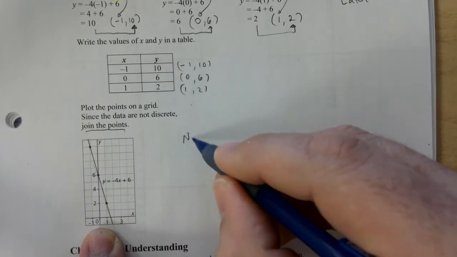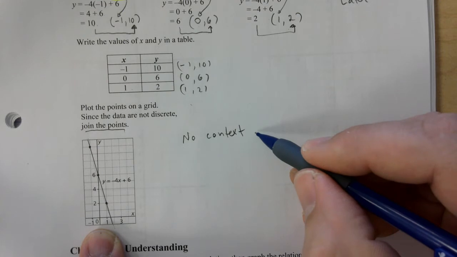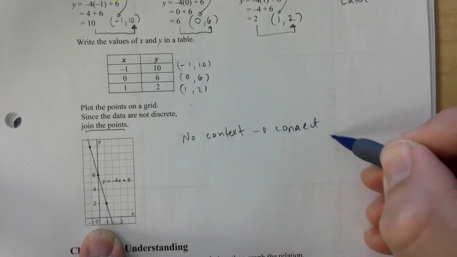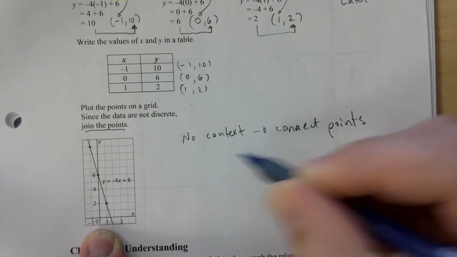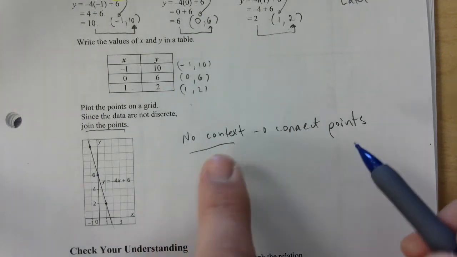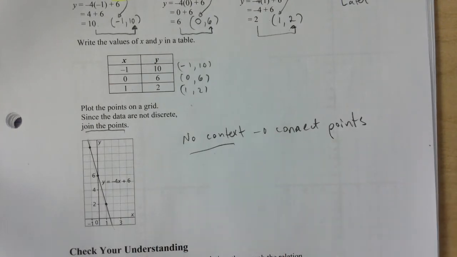So no context, connect points. How do you know there's no context? Well, if it's just giving you an equation with no words around it, you don't know what x is or what y is, you assume that you can connect the points. Okay? You assume everything goes.